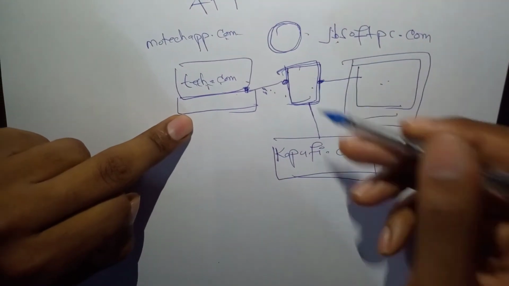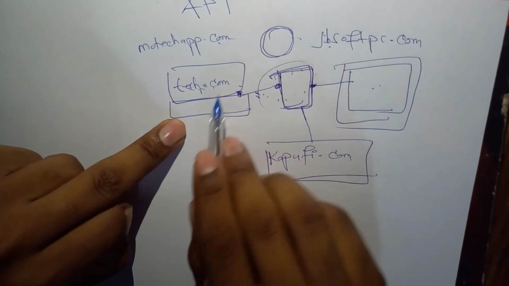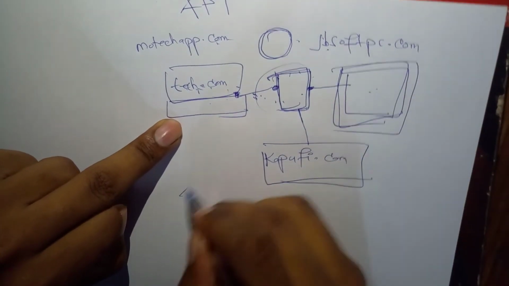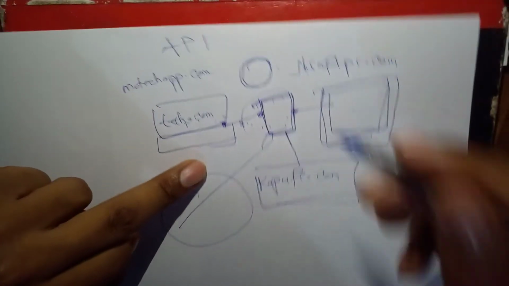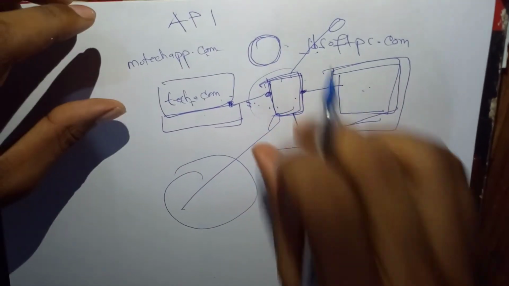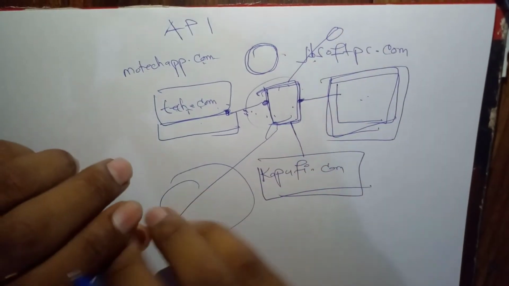Tech.com can fetch information of our school management system by using an API, and any mobile application can fetch information from the API wherever. Here we can have Google, Gmail, and whatever. So everything will be fetching information from API, and most APIs return data in JSON format.